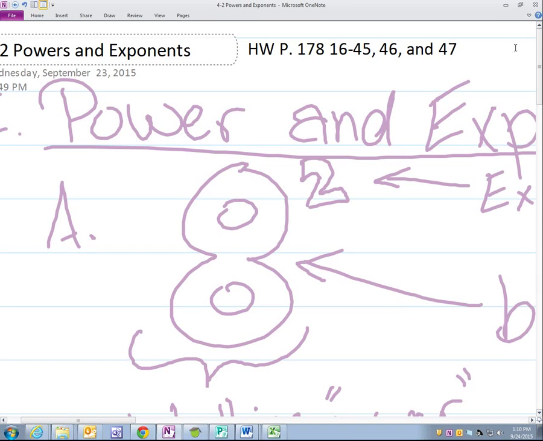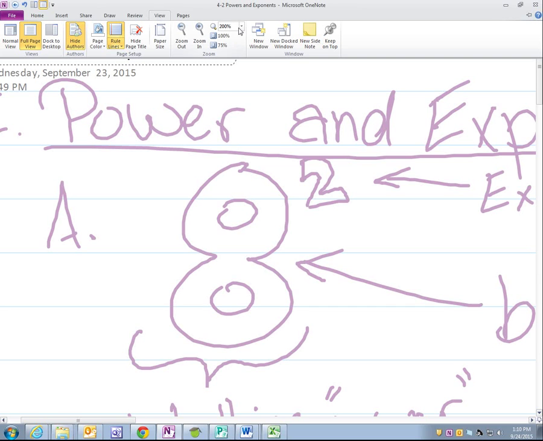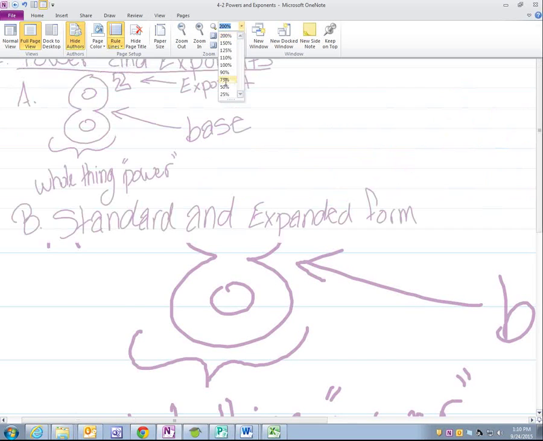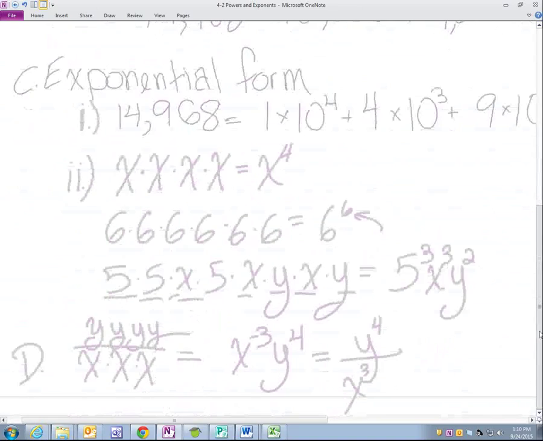Does everybody have that? No? Okay, I'll wait. All right. As you get your loose leaf paper, I want to show you how I want you to be labeling all your homework from here on out.